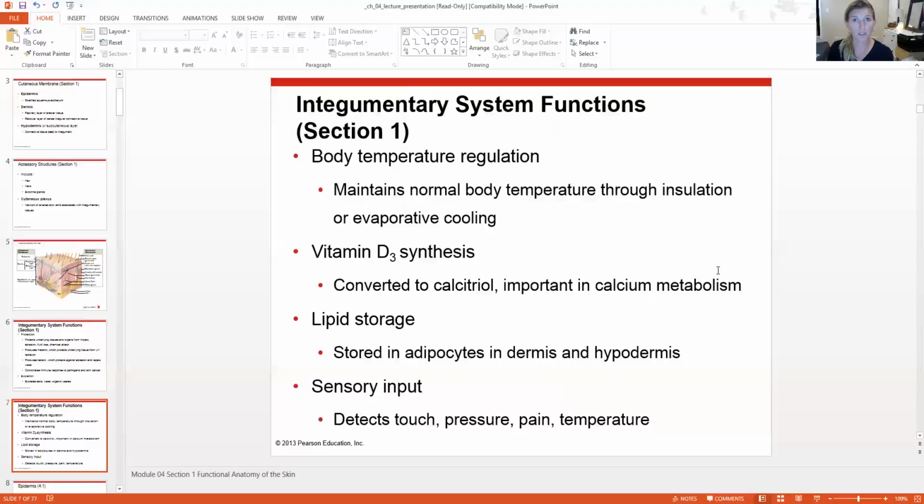So lipid storage is another function. All of the hypodermis stores lots of adipocytes, thankfully or unthankfully in some cases. And then we also have sensory input, things like touch, pressure, pain, temperature, all those things, just little inputs that we get through our skin.